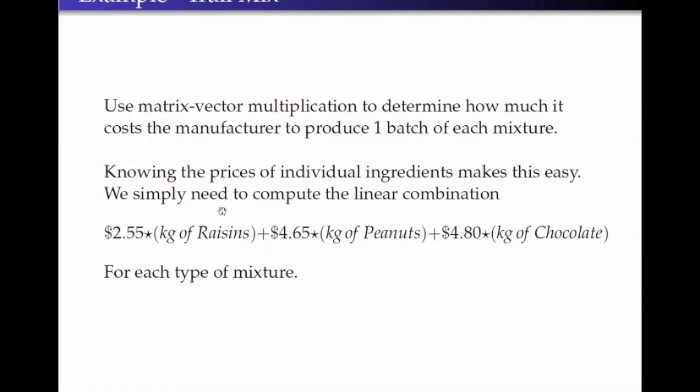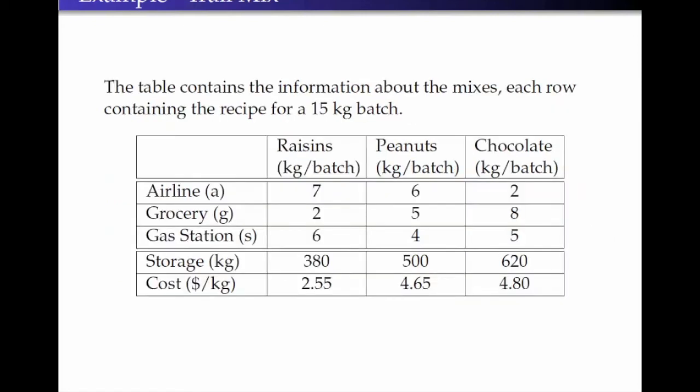Well, anytime what we're computing is a linear combination, matrix vector multiplication makes this very easy. So looking back at our table, these are those cost vectors we just came by. And so now for each row of this matrix, I want to multiply the row times the vector down here for cost.